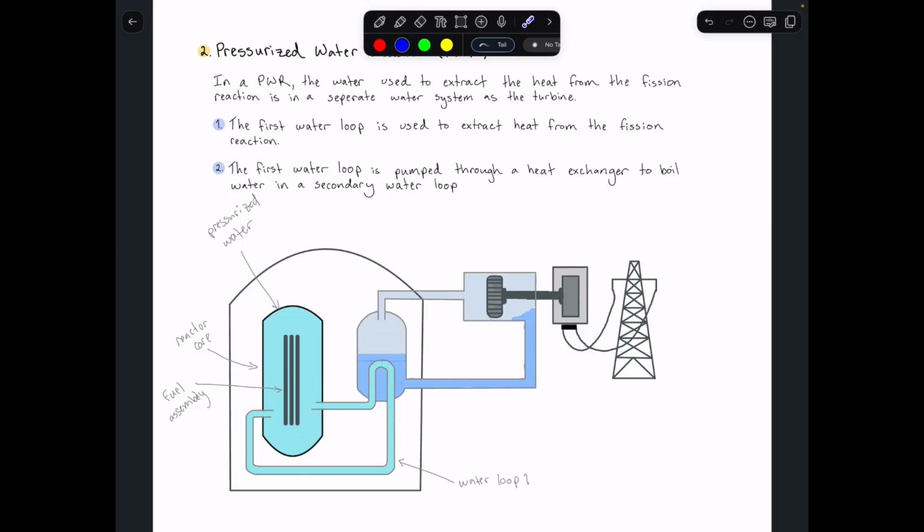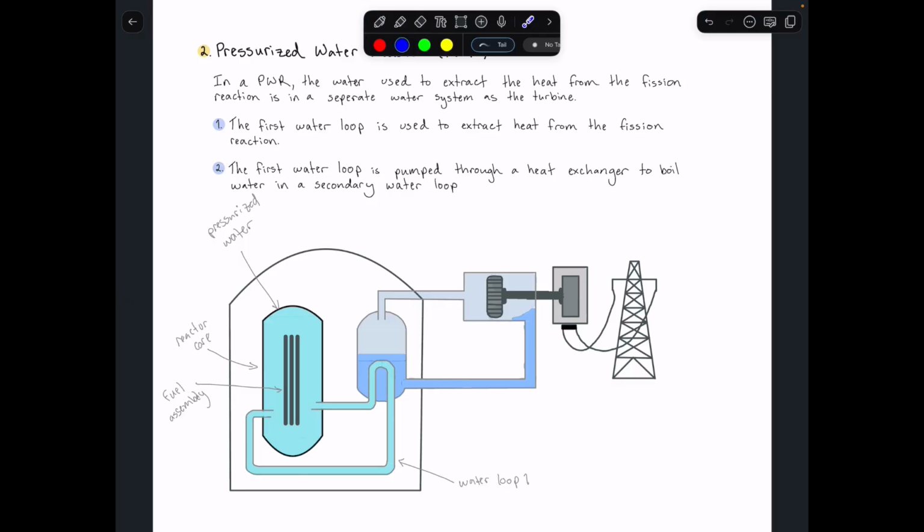So the water in this primary loop here, this first loop, can reach temperatures of above 300 degrees Celsius or above 572 degrees Fahrenheit without boiling, because it's under immense pressure.